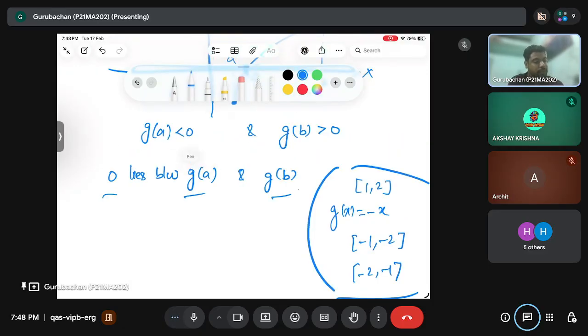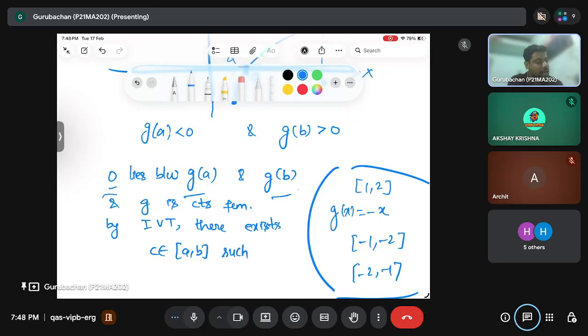So since 0 lies between g of a and g of b, and g is a continuous function, I am taking that hypothesis, then by IVT, there exists c from a to b such that g of c will be 0.